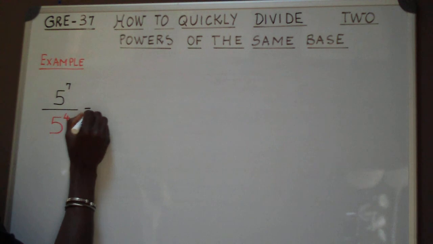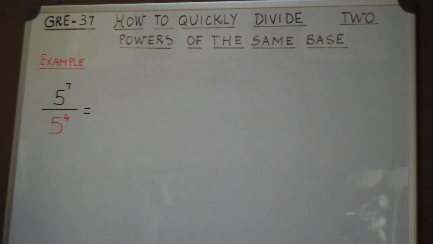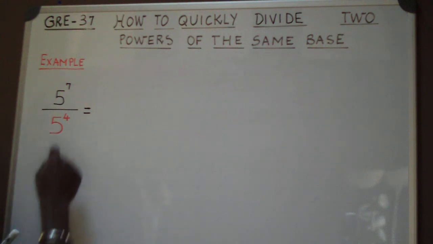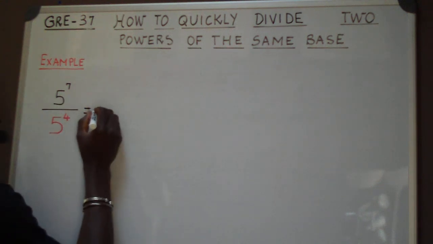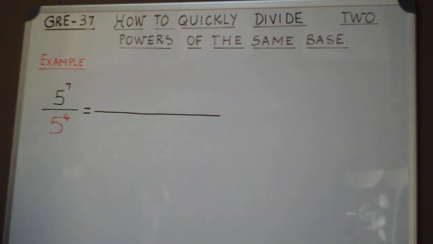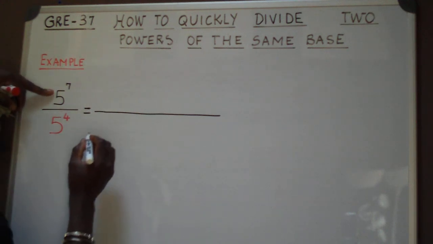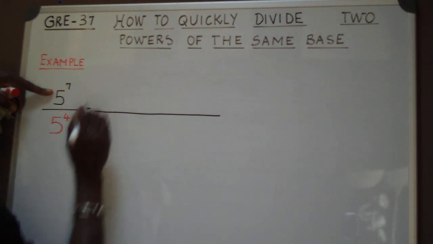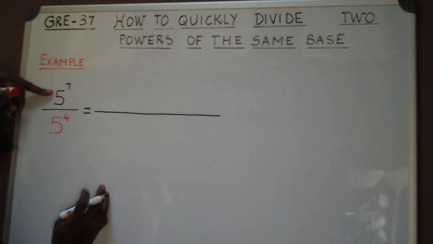To do that, I'm going to apply the definition of exponentiation to the numerator and the denominator. The numerator is 5 to the exponent 7, which means a repeated multiplication of 7 factors of 5.